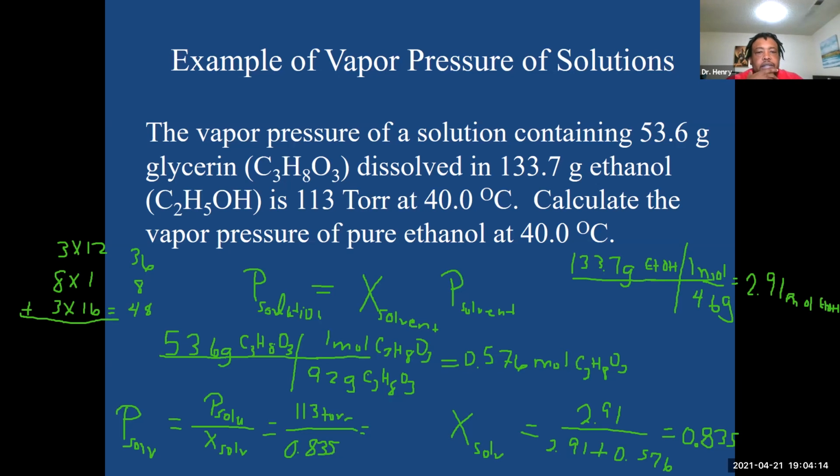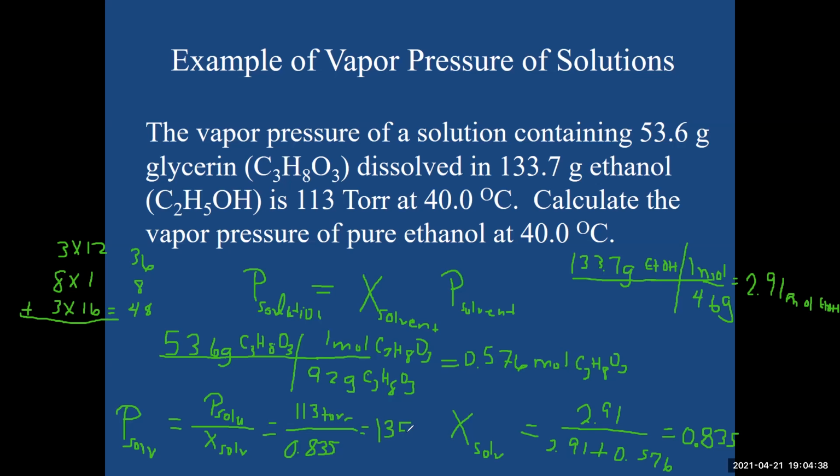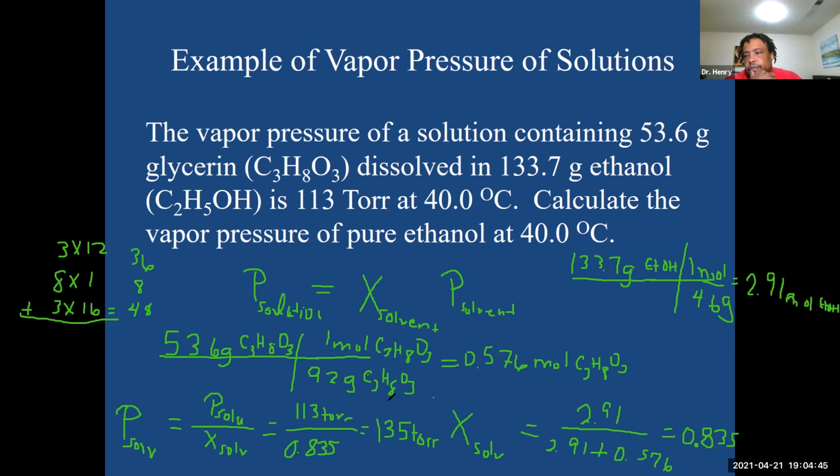What do you guys get? 135.3. You said 135.3. Yeah. So 135, 3 sig figs, torr. Okay, piece of cake.